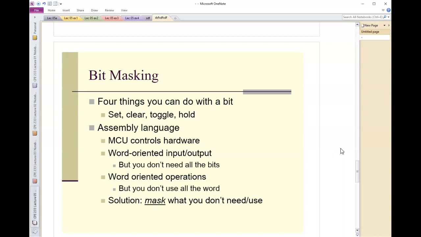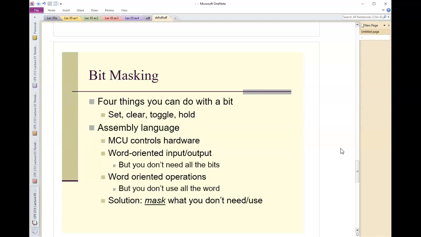And the issue here is typically that microcontrollers are not bit addressable. So what you need to do is get the data you need, whether it be a byte or a word or whatever, grab that chunk of data, and then you mask off the bits you want, or you mask off the bits you don't want, depending on how you want to say that.